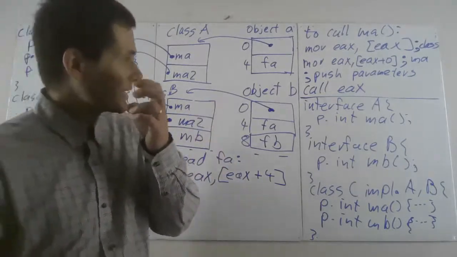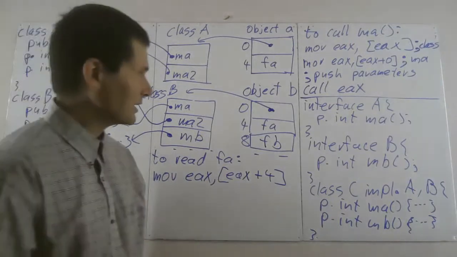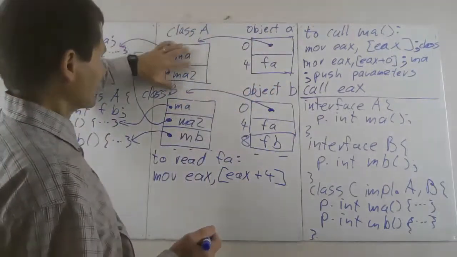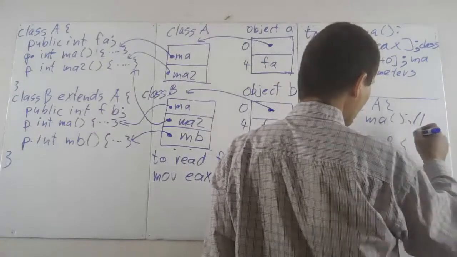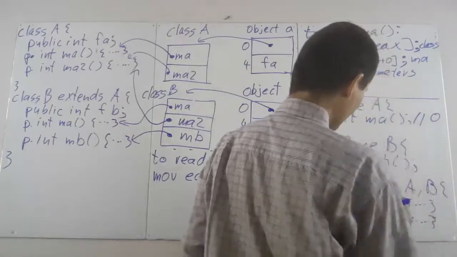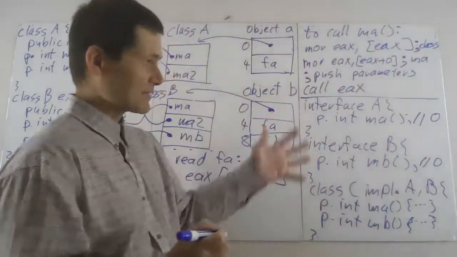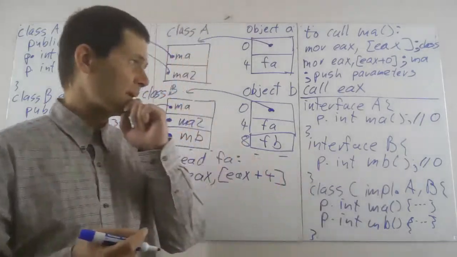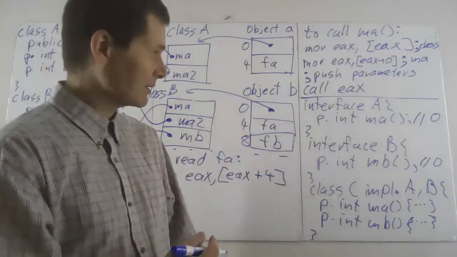Now I decide how I'm going to lay these things out. I'm deciding on the layout of interface A, and I'm going to design its data structure. Since MA is the first method, it's going to be at offset 0. Same thing for interface B, it's going to be at offset 0. When I first see these interfaces, nobody knows that a class is going to come along and implement both of these interfaces, so I pick offset 0 because that's the first one.